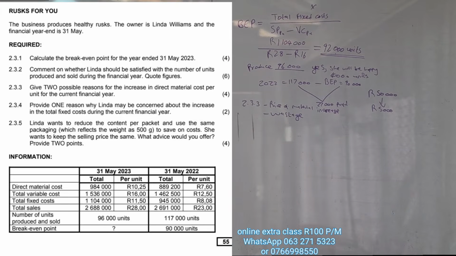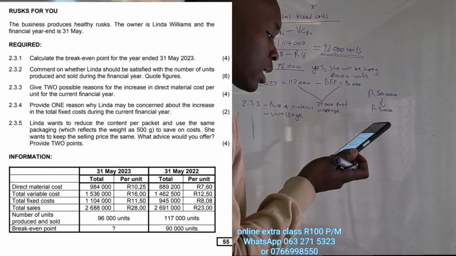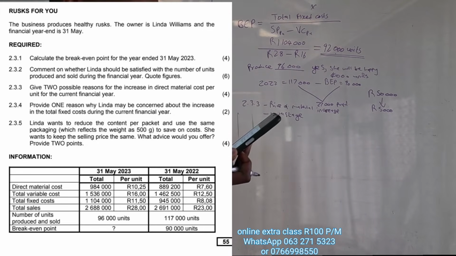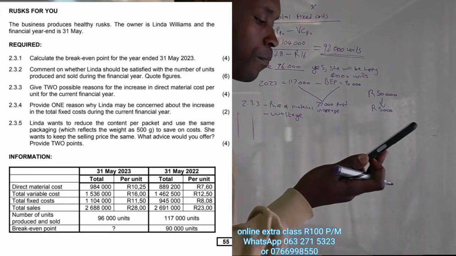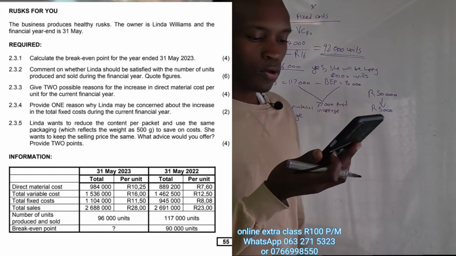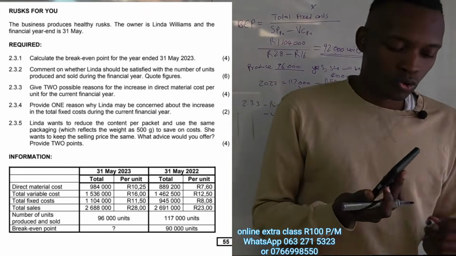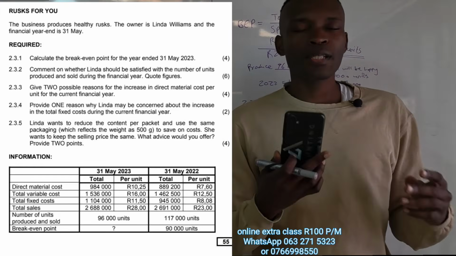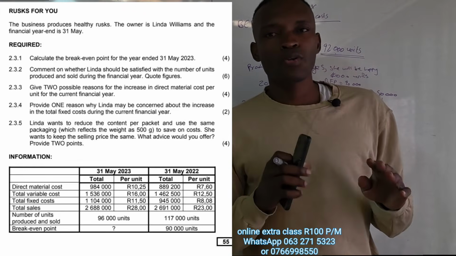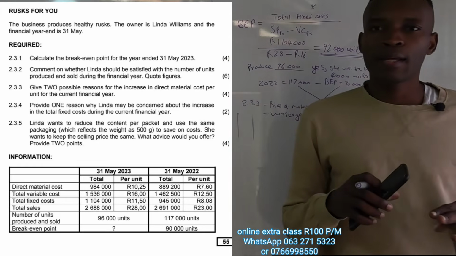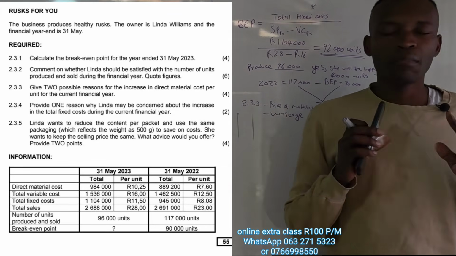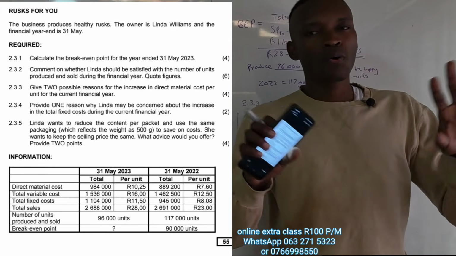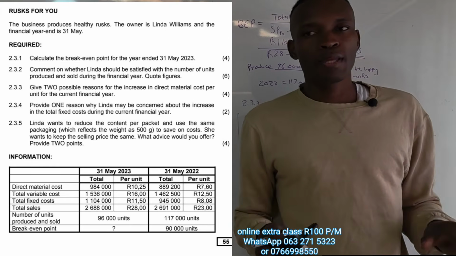They wanted only two. Provide one reason why Linda may be concerned about the increase of total fixed cost. Remember, guys, a fixed cost simply means that the cost remains constant for the rest of the year.